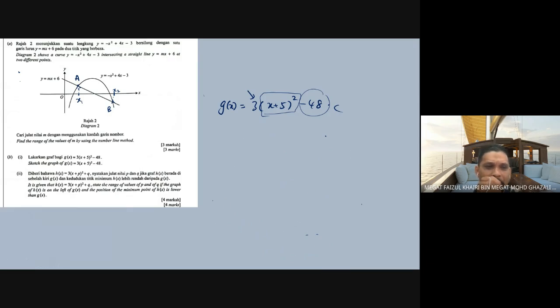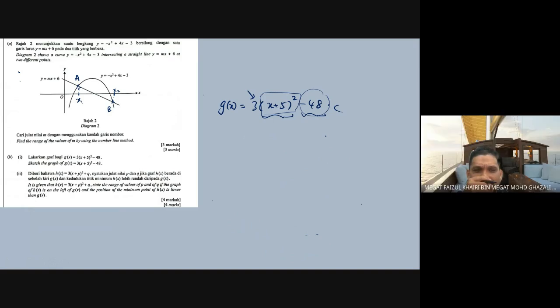So what does this mean to you? And what is this negative 48? Negative 48 is the minimum point.